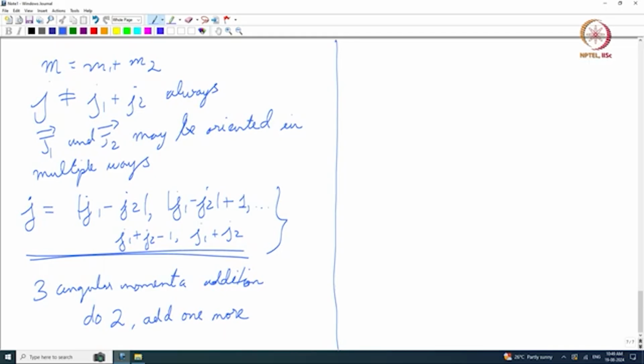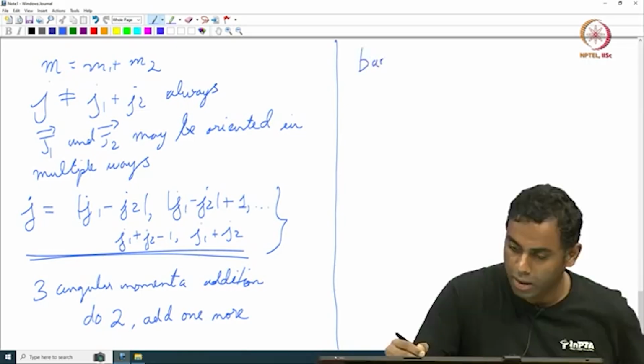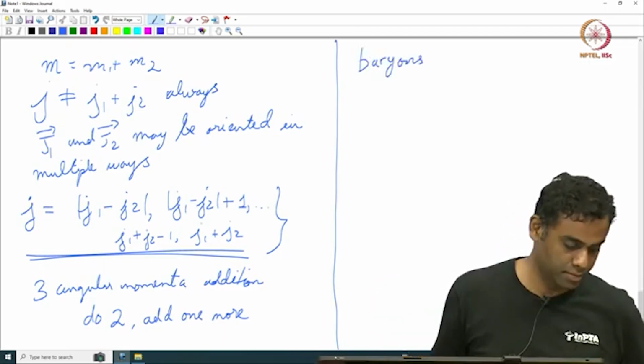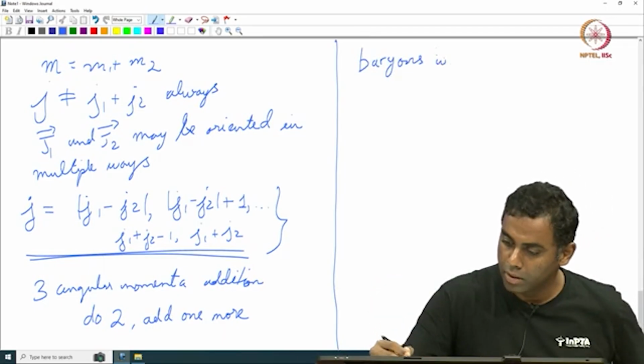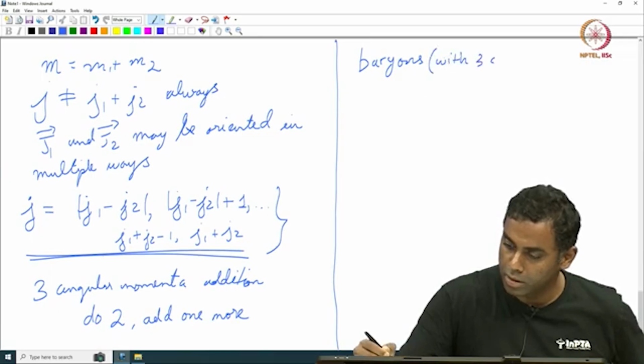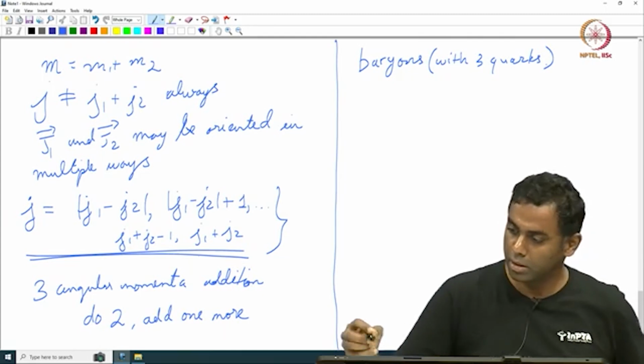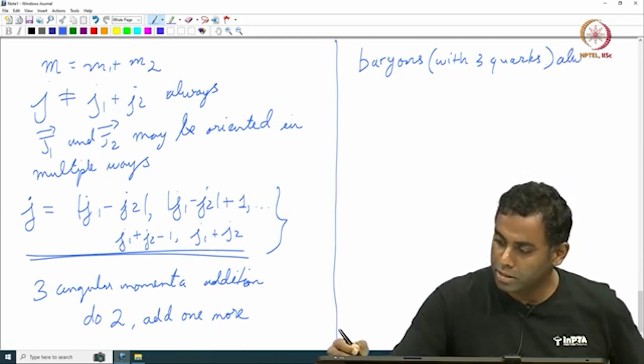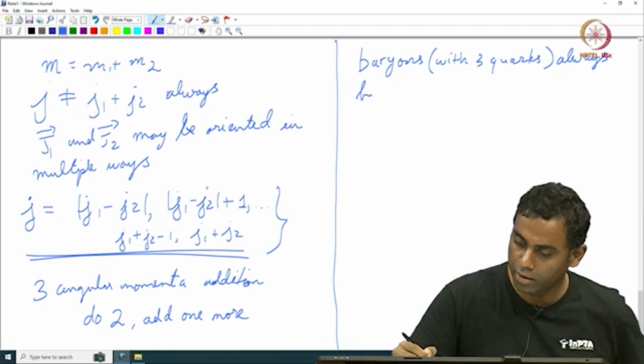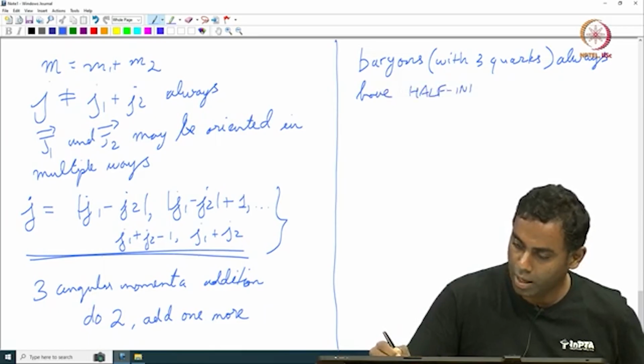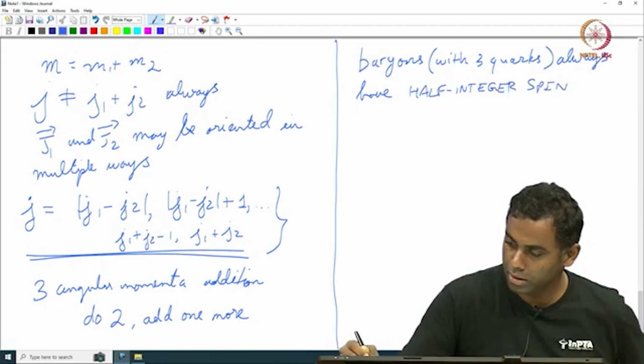So what are some consequences of this? That means baryons, right, which contain 3 quarks, like the neutron and the proton, right, always have half integer spin.